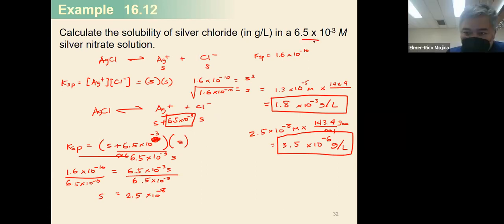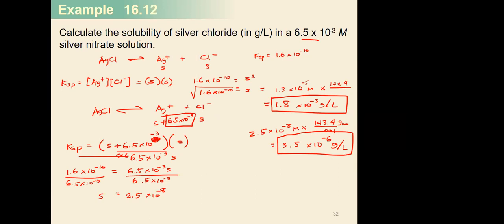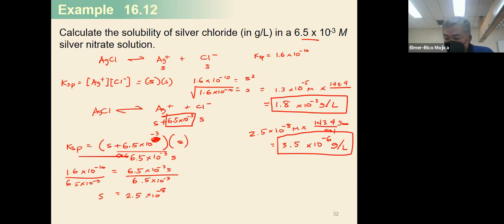Because I tried to show you what's the solubility if it's just in water, silver chloride in water. So you have what we call a point of comparison. So as you could see here, there was a reduction in the solubility.